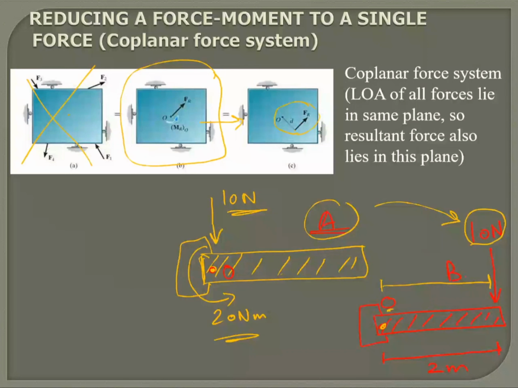Going back to this picture, I've got the force and the moment being applied at O. I move the force at distance D to the side. If you take the moment at point O here, the result is the same as this one. So both the pictures are the same.